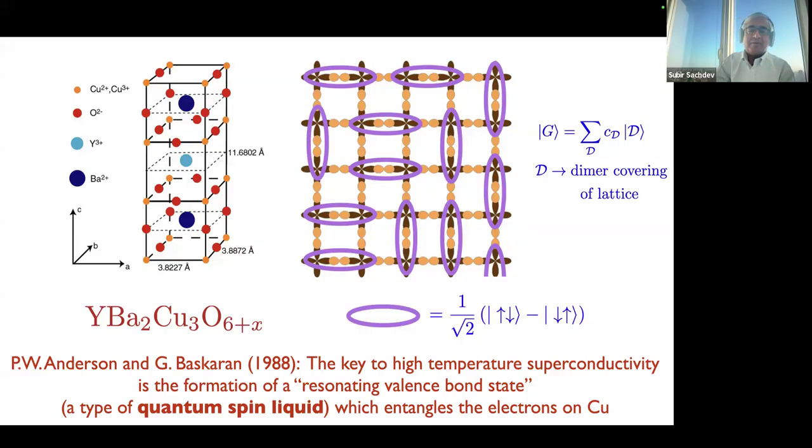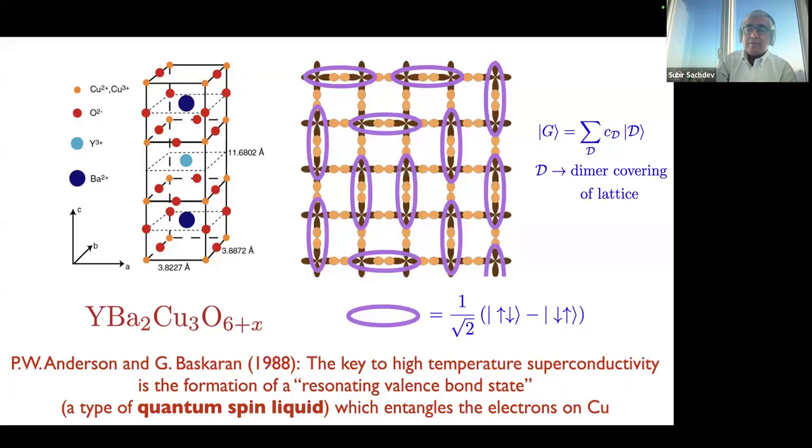And I'll just give you a quick introduction to what a quantum spin liquid is in the context of the RVB state. So the RVB state postulates that the electrons pair up to form singlets. So each ellipse here is a singlet of a pair of electrons. And the ground state is a superposition of different ways to form singlets. So here's one way to form singlets, but there's many others.